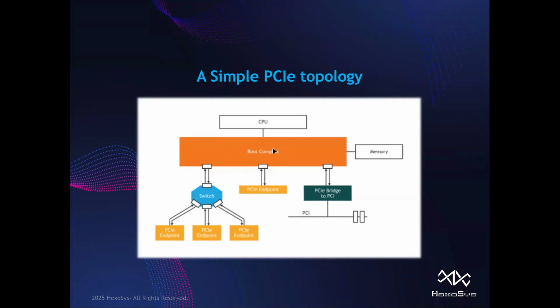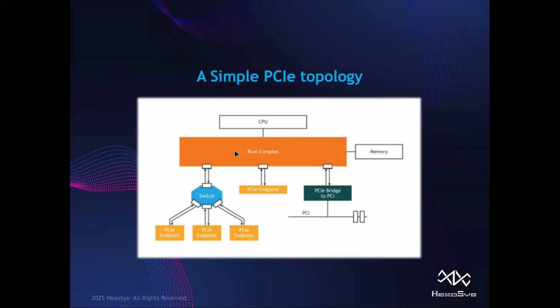What this root complex does is that, on one side, it provides access to system memory or RAM, and on the other side, it provides an interface to the CPU, so the CPU can communicate with the PCIe fabric via the root complex. This root complex is very platform specific and differs between platforms, for example x86, ARM or PowerPC.